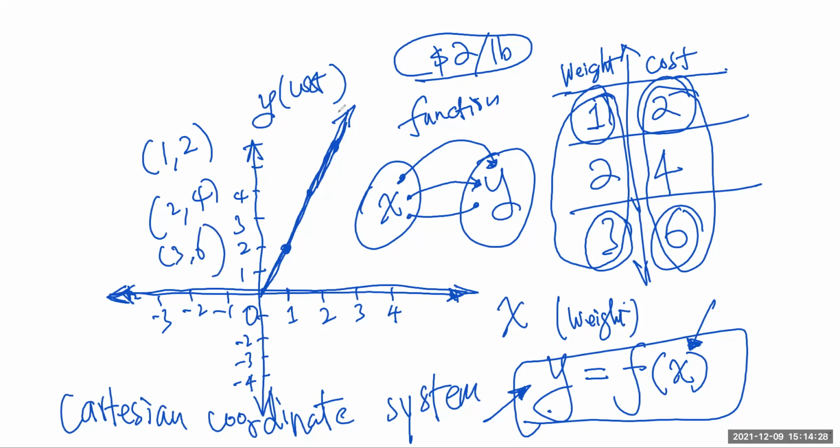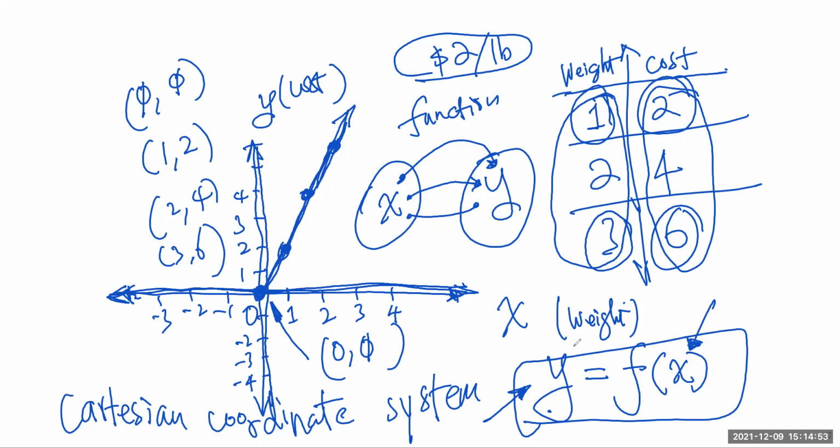Those 3 points fall on the same line. If you connect them, we can start from 0, 0, because if you have 0 weight, you don't pay money. This we call the origin, 0, 0. And of course, we have 2 axes, the x-axis and y-axis.